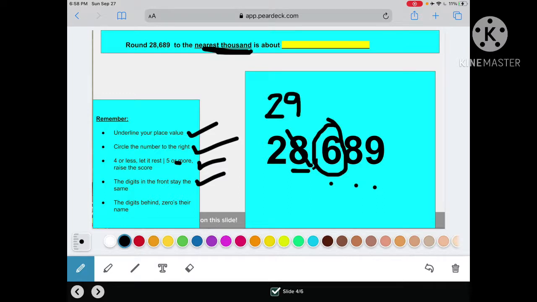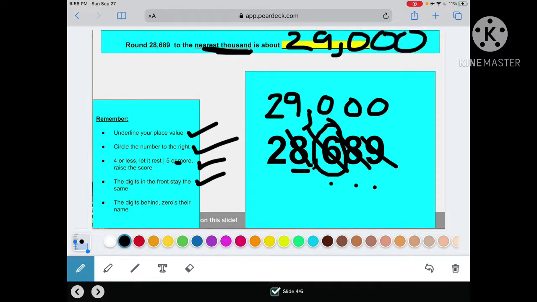What do these 3 numbers turn into? Absolutely. They're turning into zeros. So my 6 is now a 0, my 8 is now a 0, and my 9 is now a 0. Don't forget your comma. So 28,689 rounded to the nearest 1,000 is about 29,000.